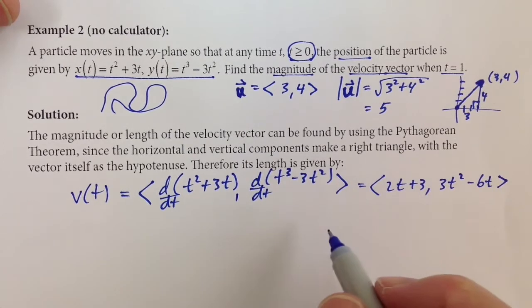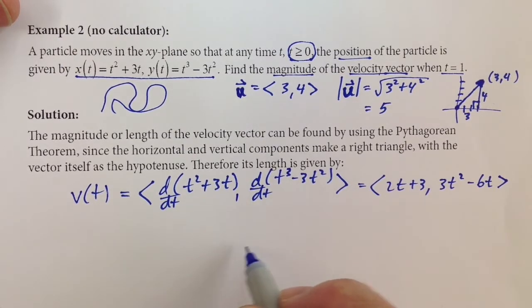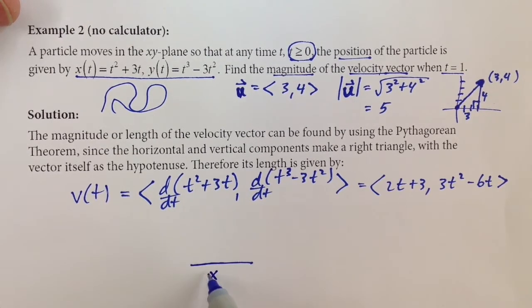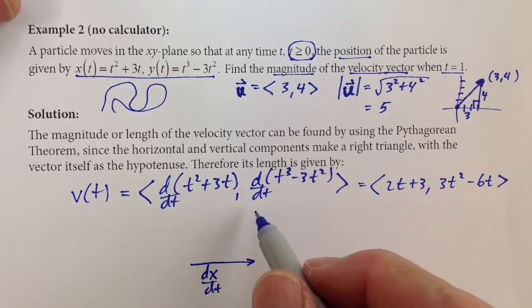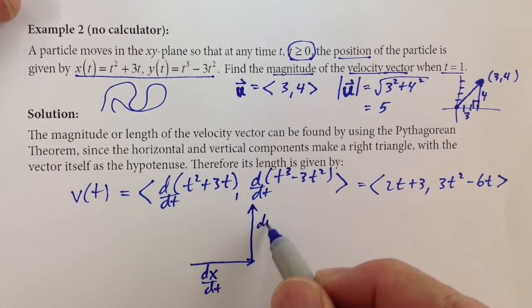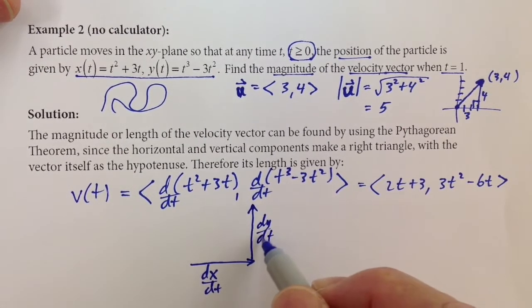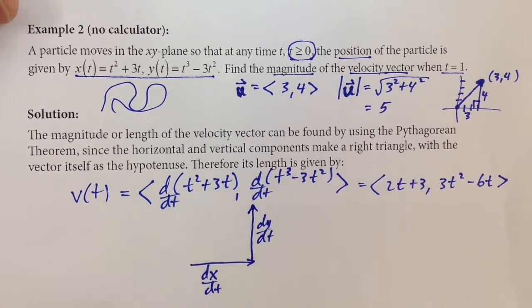If we want to look at this in terms of, let's say, a right triangle, we have our x component, our dx/dt, which is our change in the x direction, and we have our dy/dt, which is the rate of change in the y direction.